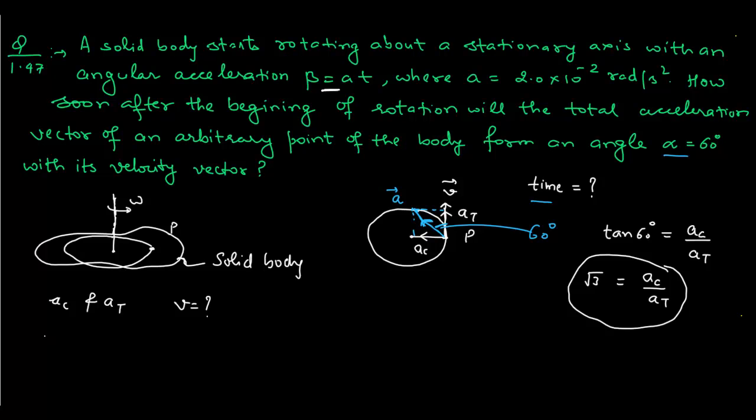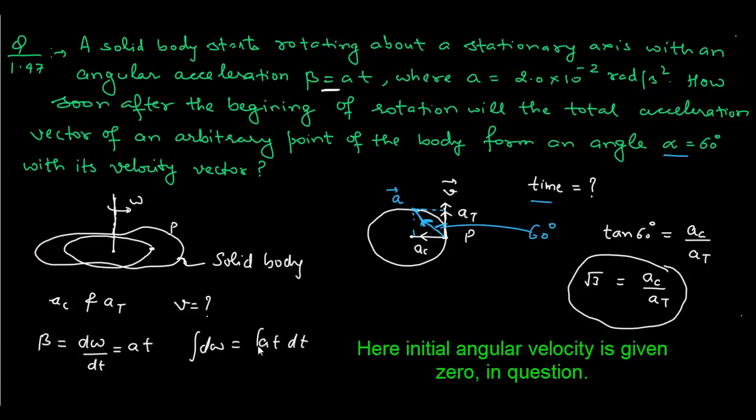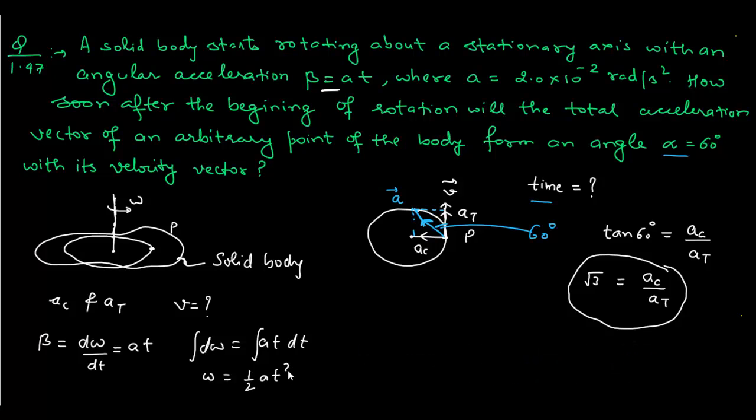So this is the angular acceleration beta, and angular acceleration is d omega by dt, which is equal to at. Now from here we can find omega by integrating this equation on both sides, and we can write omega is equal to half a t squared.